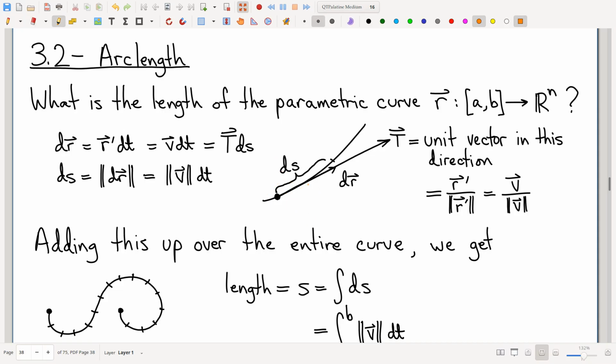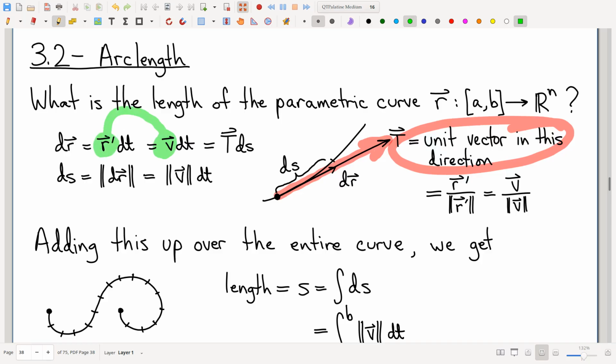Okay. Last thing I want to talk about is this thing called the unit tangent vector. And by the way, I just want to point out there's actually three tangent vectors that we're going to be interested in here. One of them is the velocity, namely r prime, and the velocity is going to be some vector like that, a non-unit vector.